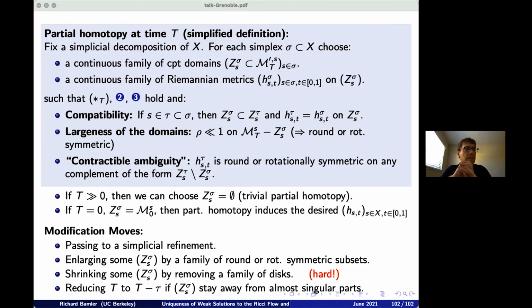But the best known bound is that the set of singular times has Hausdorff dimension no bigger than 1/2. That's not hard to see. You have to somehow follow certain points backwards in time. So the best bound is that the Hausdorff dimension is less than or equal to 1/2. I hope that answers your question.